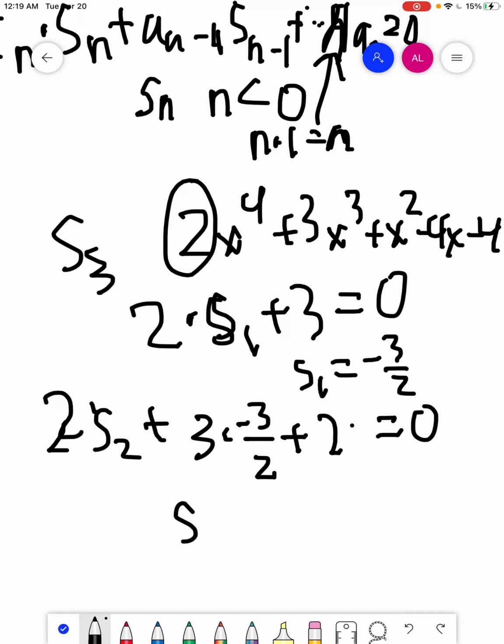So I find that s2 is equal to 13 over 2. Sorry, 9 over 2. Oh no, 5 over 2. Because adding this to both sides will be 9 over 2, and then I'm subtracting 4 over 2. 2 s2 would be equal to that, so divide both sides by 2. Get s2 is equal to 5 over 4.